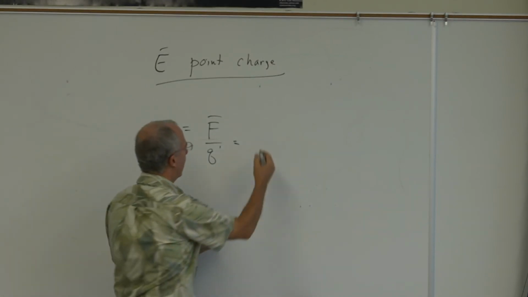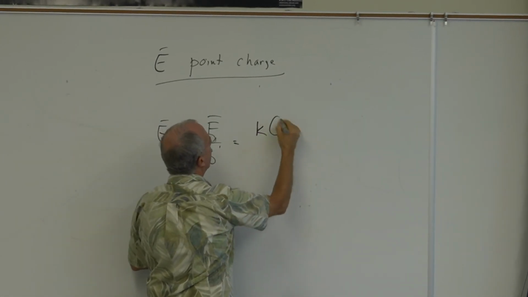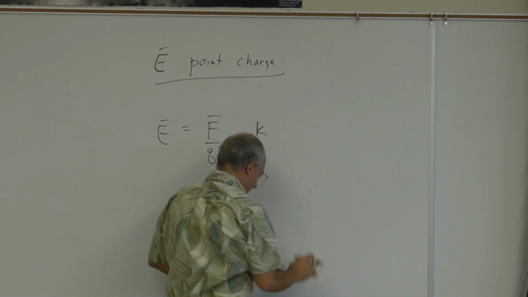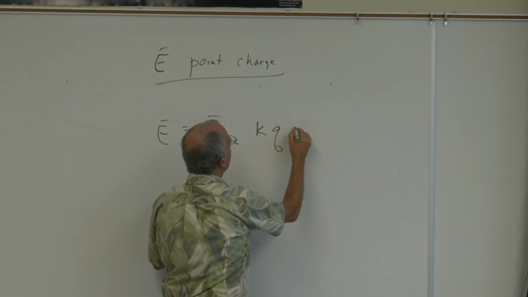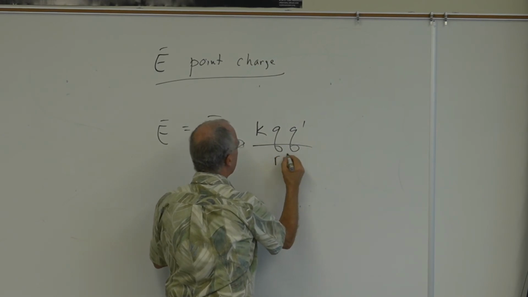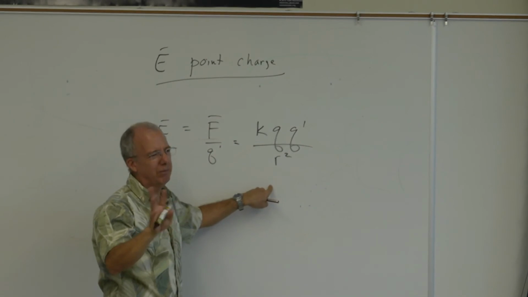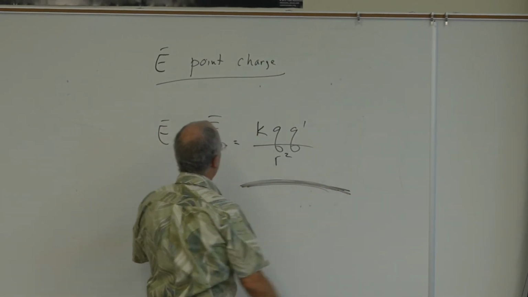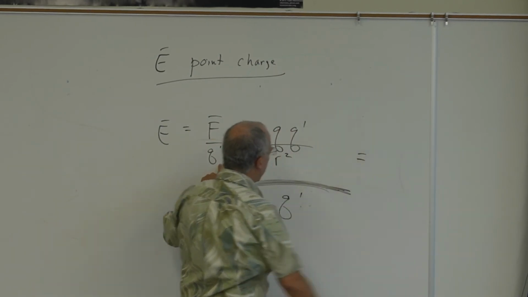That equation. K, Q, the other one, K divided by distance squared. Sometimes I use R, sometimes I use D. And then what do we have to divide by? The probe, right? So then what does this become?